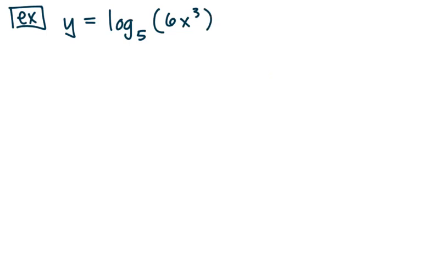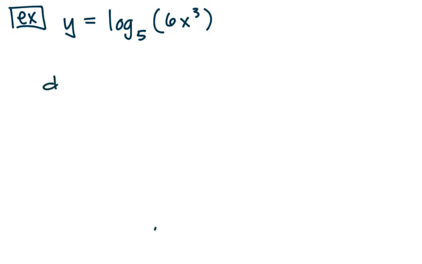If I wanted to find the derivative of this, well, this is the derivative of a basic logarithm. But notice, my argument, I have an expression other than x. So that means I'm going to use the chain rule. And because my base is not e, in the denominator I'm going to end up with a divide by natural log of the base, right?